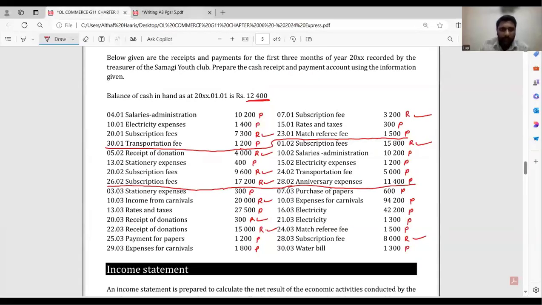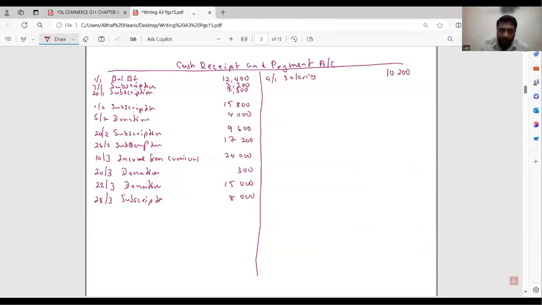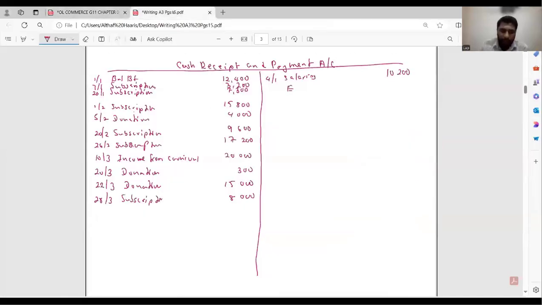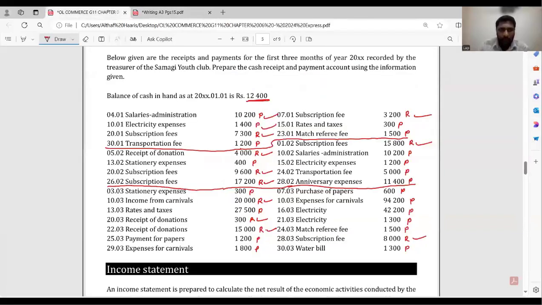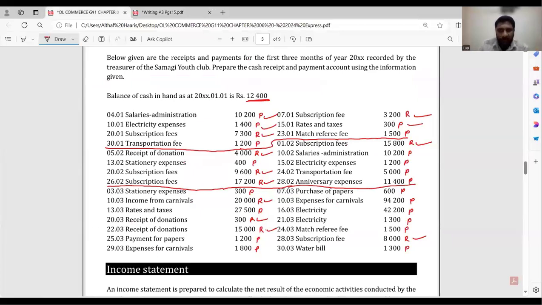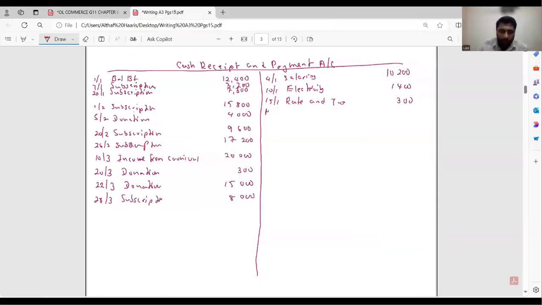Salaries 10,200. Electricity 1,400. Rates and taxes 300. Match referee fee 1,500.